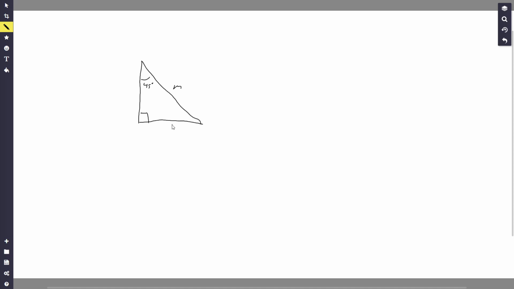M is our hypotenuse, and one of the sides is 7 root 2 over 2. N is going to equal, since it's the same as this side, 7 root 2 over 2. Let me get my notes out of here real quick.